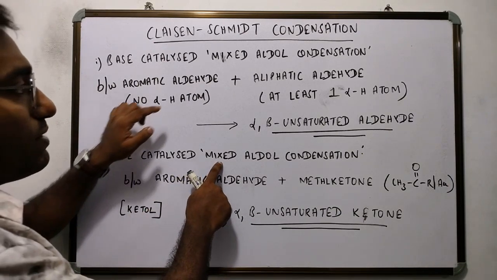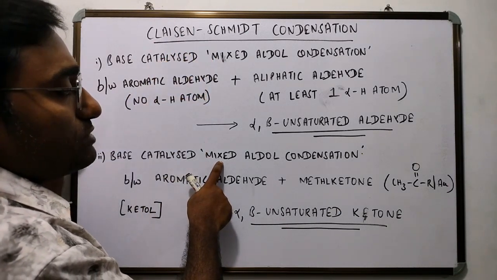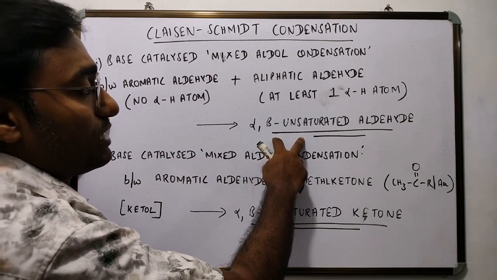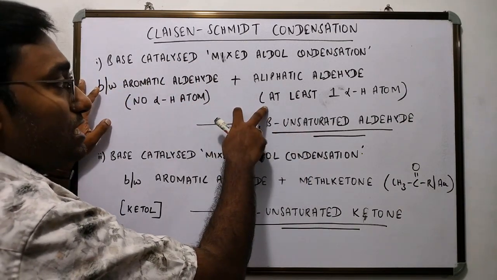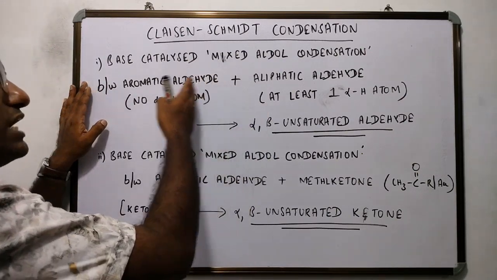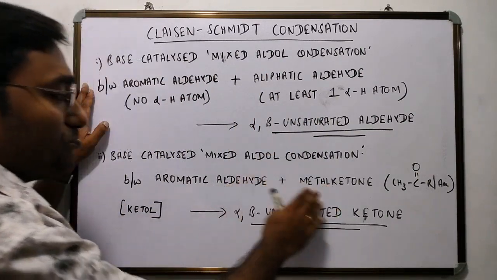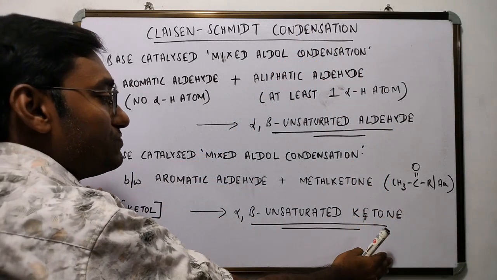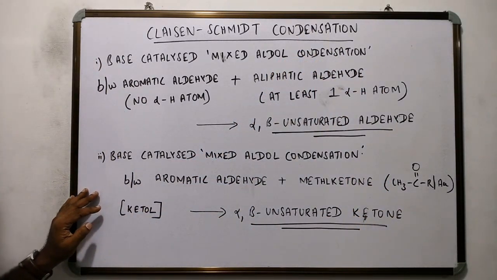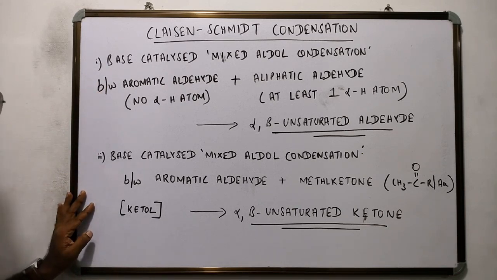And the reason as to why both are referred here as mixed aldol is because the product formed here is an adduct of the two substrates. The substrate belonging to the aromatic group and the substrate that belongs to the aliphatic group. The reason as to why it is a condensation is because of the elimination of a very simple molecule of water. To understand the two comments better, let us go through the reaction.